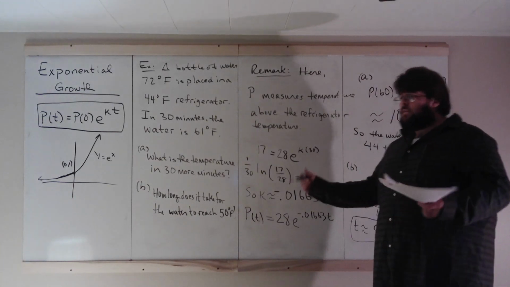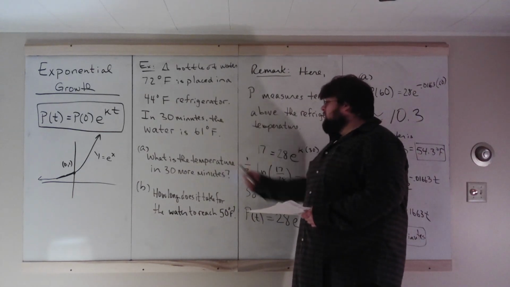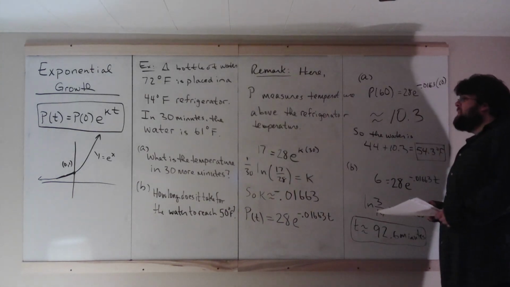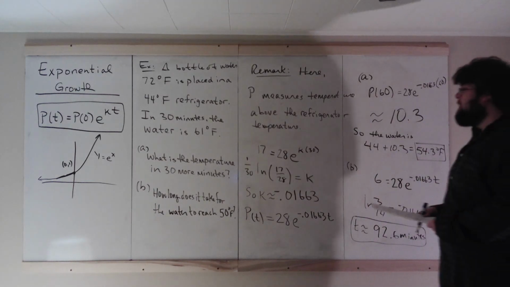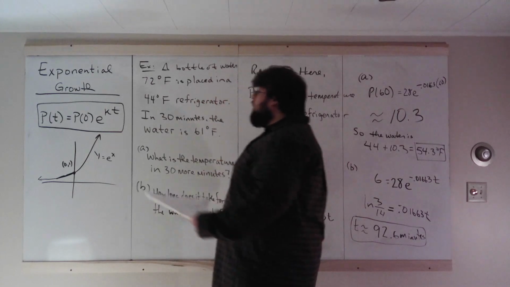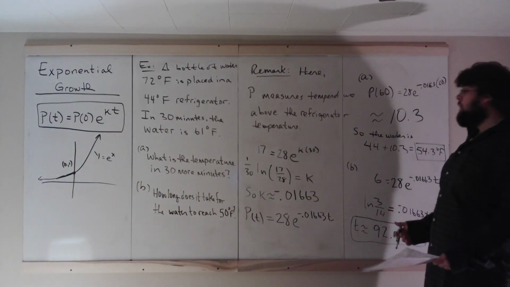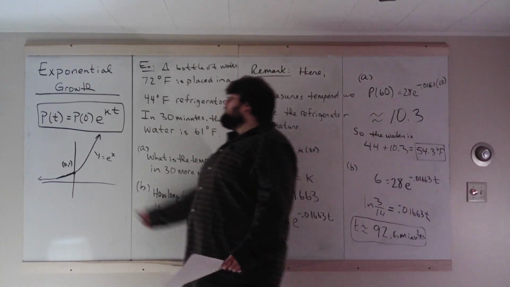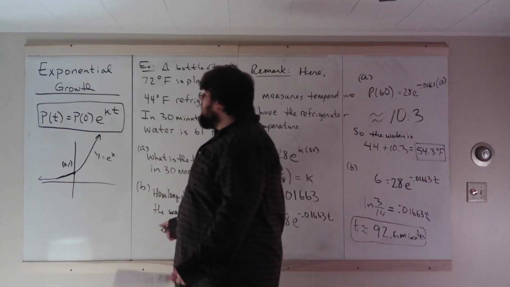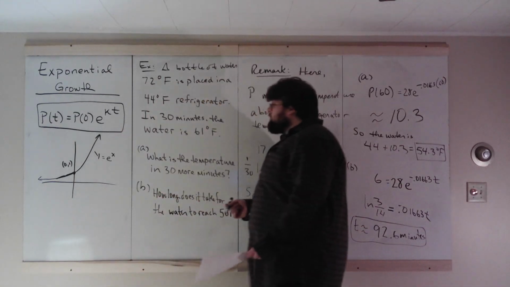I remember the first time I saw this was in a Calc 2 class talking about half-life. I didn't really like it, but I eventually realized that an equation like this was all that really mattered. So try the examples and try getting used to dealing with equations like this. Find k, an initial value, and a later value, and it factors in exponential growth.